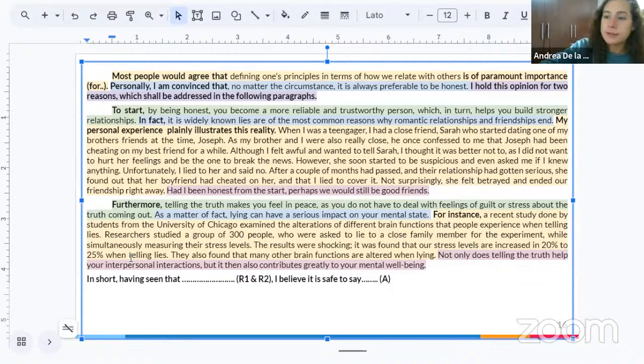Right, perfect. Then that's it. Those are the two body paragraphs. That's the introduction. Finally, last thing we need is the conclusion, right?